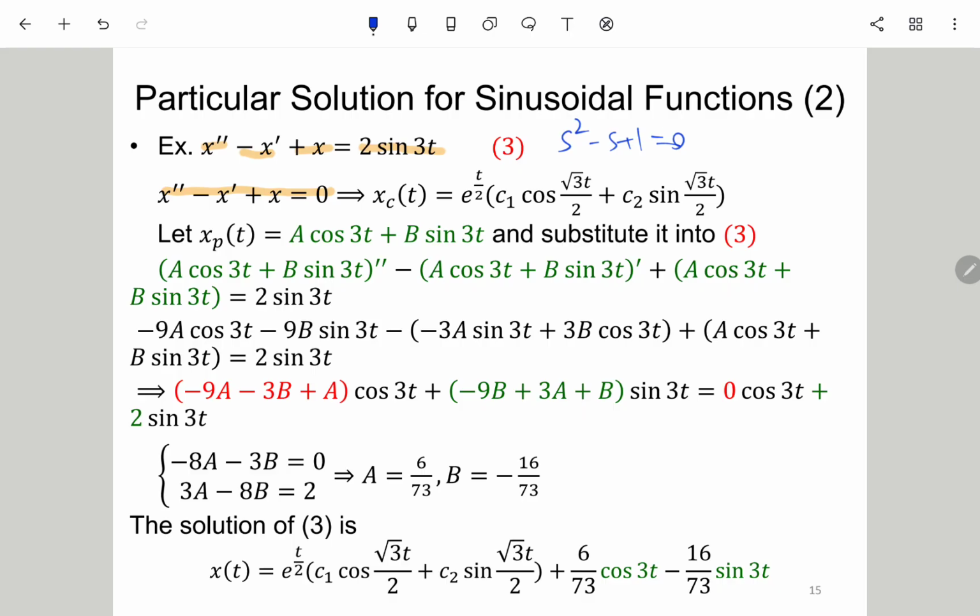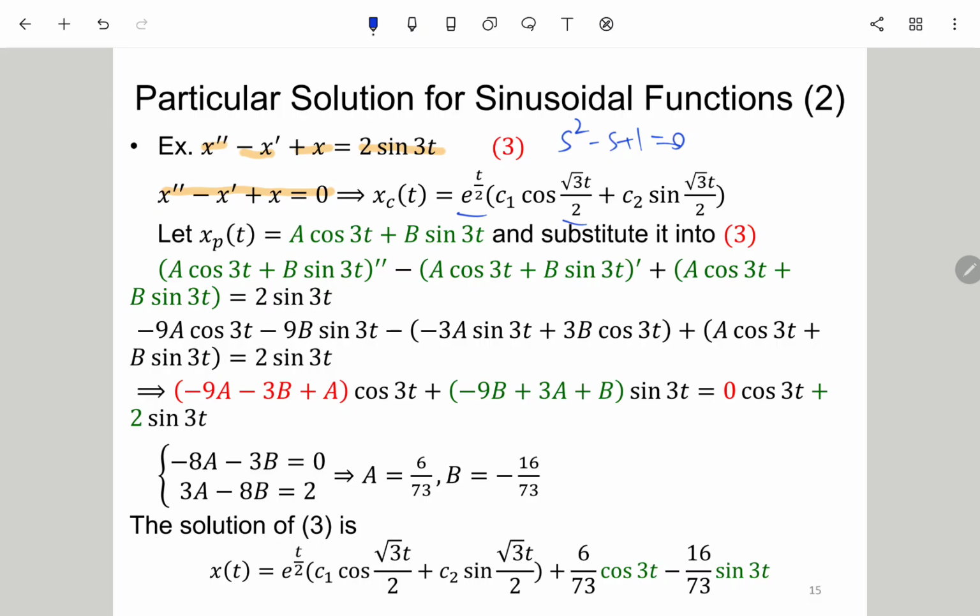Clearly this equation has complex conjugate roots, where the real part is 1/2 and the imaginary part is plus or minus square root of 3 over 2.